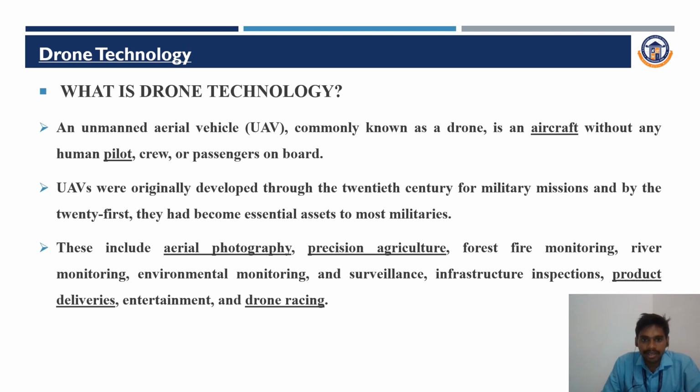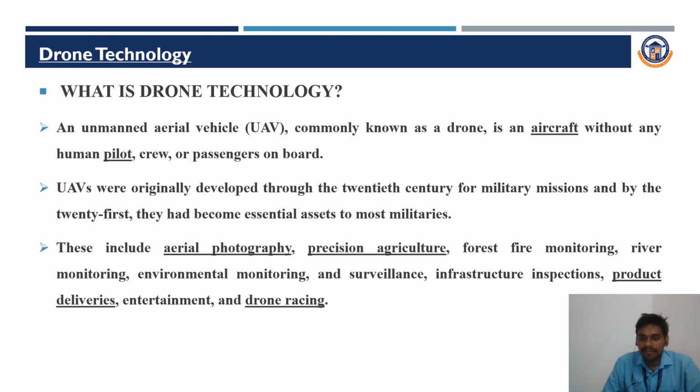An unmanned aerial vehicle, commonly known as a drone, is an aircraft without any human pilot, crew, or passenger on board. Using a remote control or any other control, the vehicle is controlled without a pilot or driver. It's called a drone or UAV. UAVs were originally developed through the 20th century for military missions, and by the 21st, they had become an essential asset of most militaries.